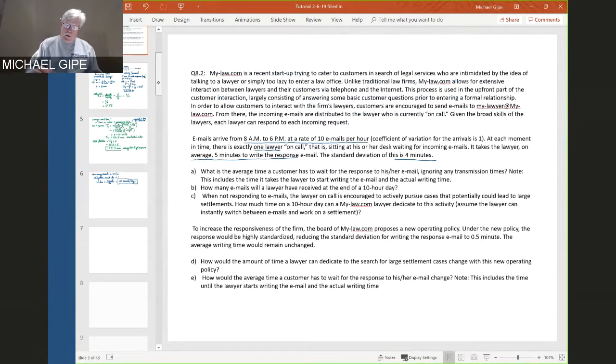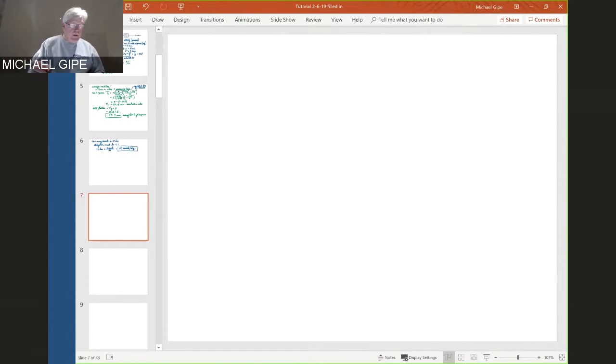So what we're looking at here for part C is background work. And since his utilization is not 100%, he's got some idle time. And that idle time we can calculate an average for.